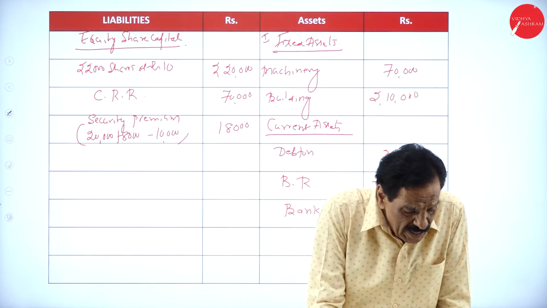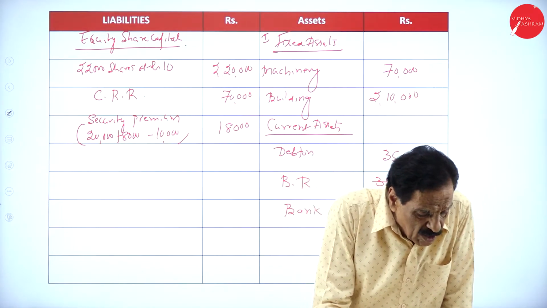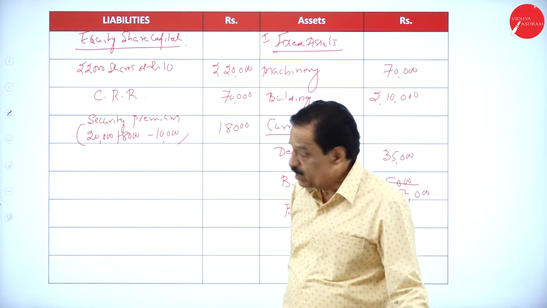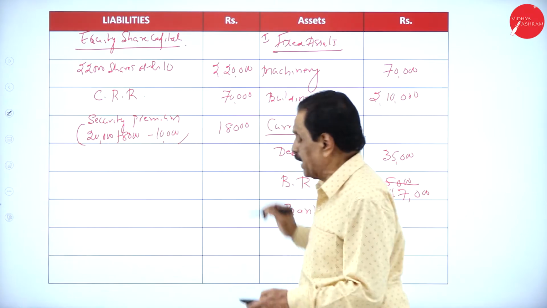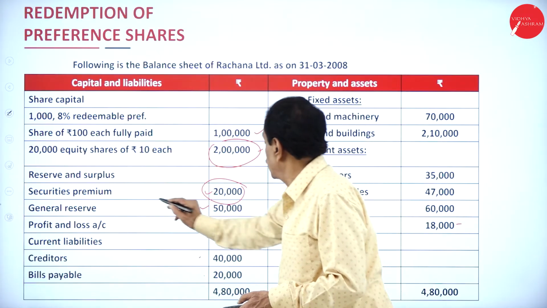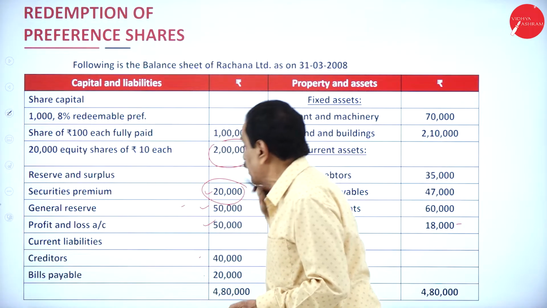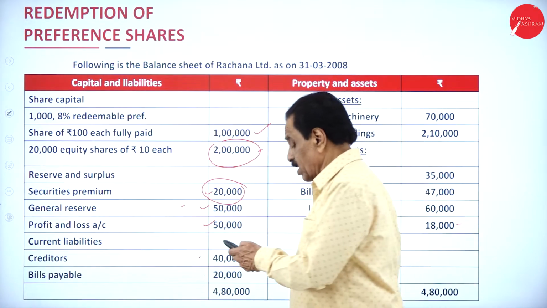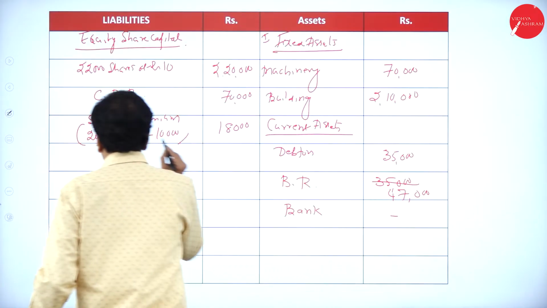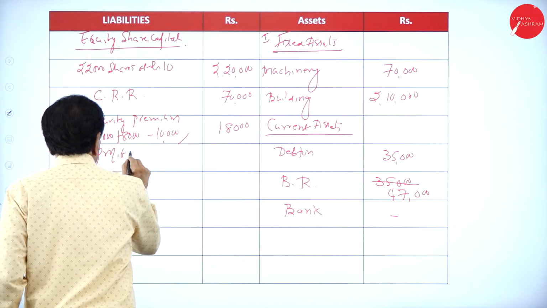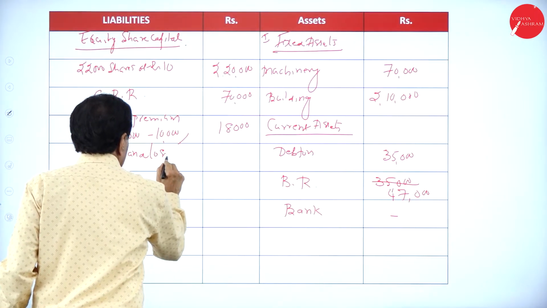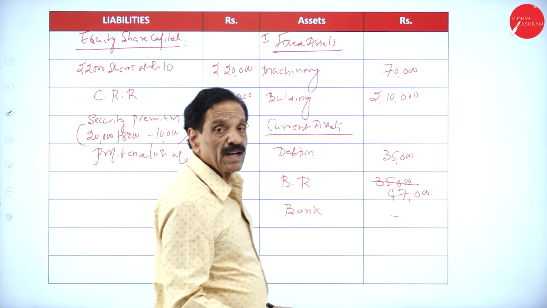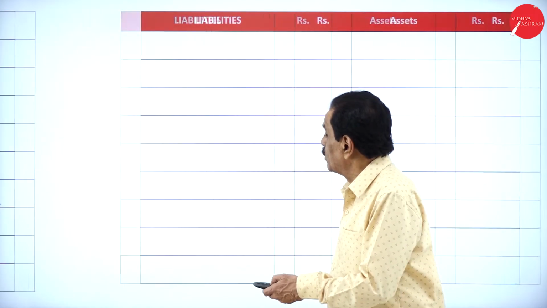General reserve has been fully utilized. In the profit and loss account, as per the working note, only 15,000 is left over. I will explain. Now, what is the next one?